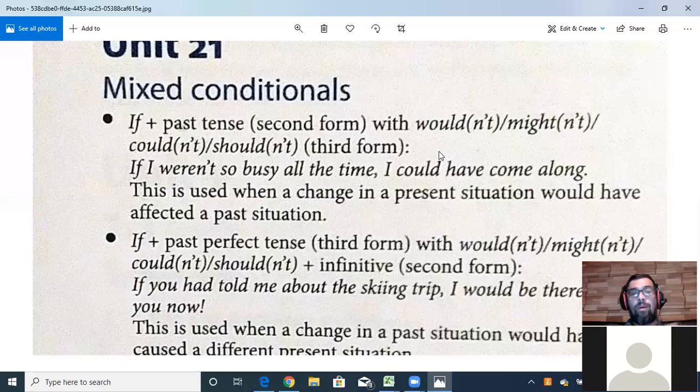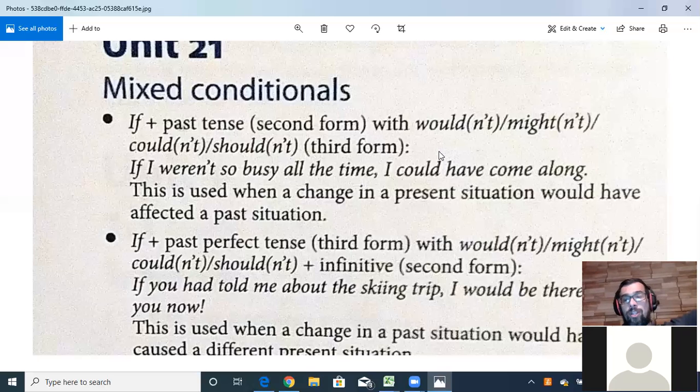For example, if I had studied, I could have gotten a better grade, right?